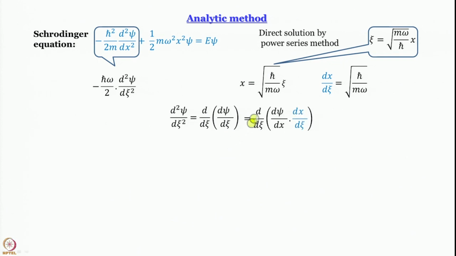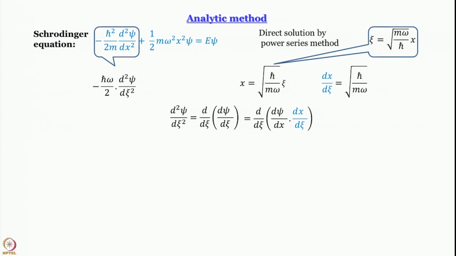It is d psi dx multiplied by dx d xi. I hope all of us are familiar with changing the variable during differentiation. This is how we do it.